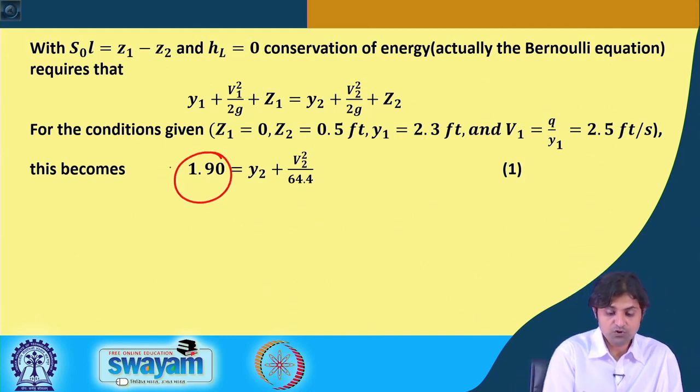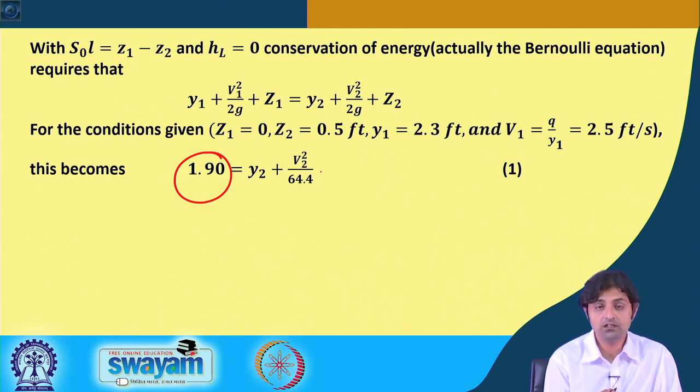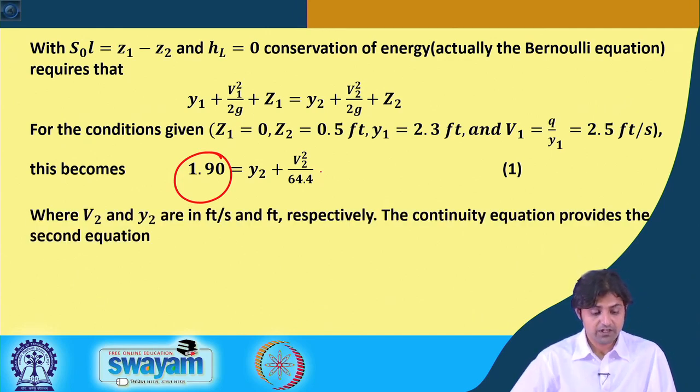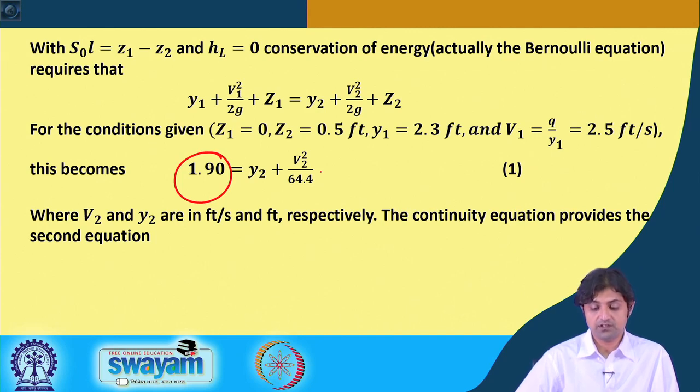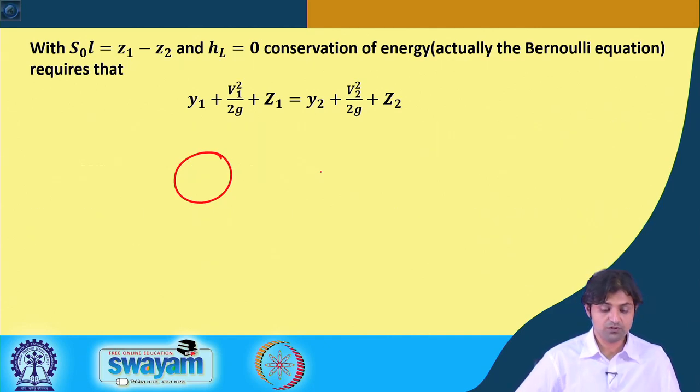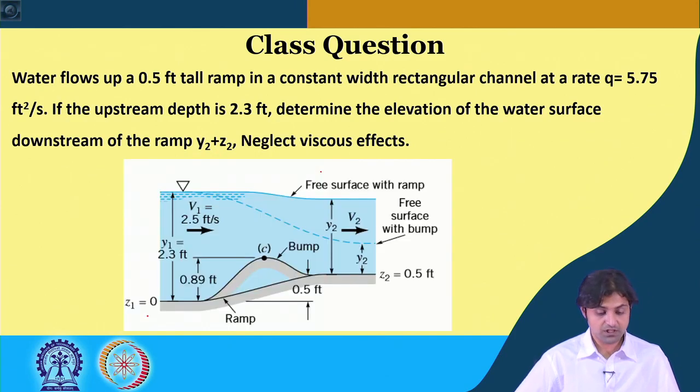y2 we do not know and v2 square also we do not know, but other values we know. We have substituted the values in this FPS unit, where v2 and y2 are in feet per second and feet respectively. Now, we also apply the continuity equation and this will give us a second equation. So, v1 y1 is equal to v2 y2.